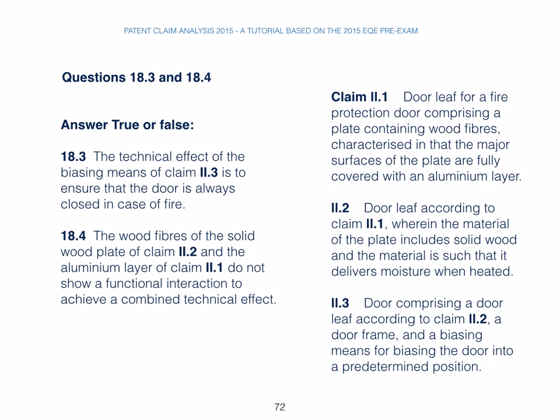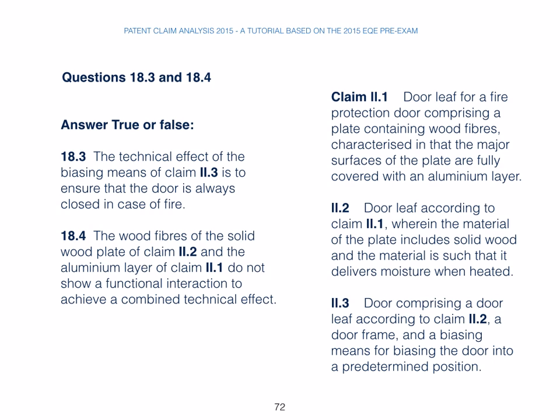The technical effect, 18.3, the technical effect of the biasing means of claim 2.3 is to ensure that the door is always closed in case of fire. If we jump to claim 2.3, we see that 2.3 is a door leaf according to claim 2.2, a door frame and a biasing means for biasing the door into a predetermined position, and it depends on 2.2, which is moisture, and it depends upon 2.1, which is the aluminium layer.